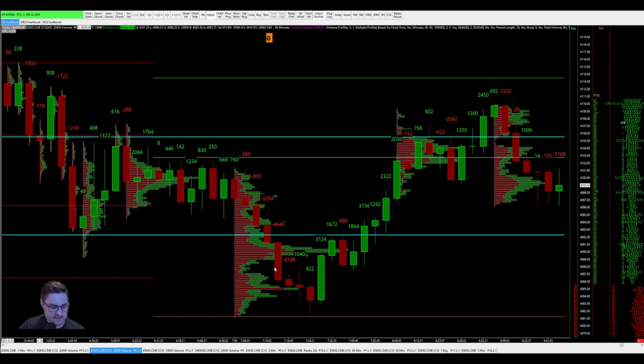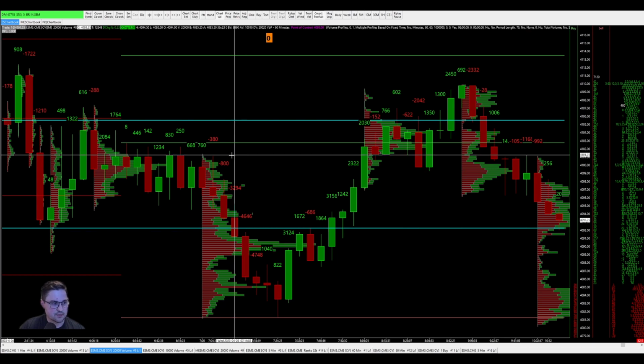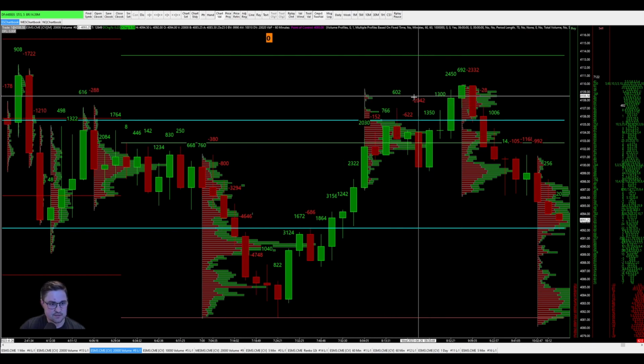But yeah, there's a lot of sellers. And then all of a sudden, towards the bottom, you started seeing buyers pick up, even though the price had been going down. And eventually, this started just going up. There was a little bit of confusion. If I was trading this, I would be a little bit confused, even though it's breaking out of these highs, this bar would have confused me.